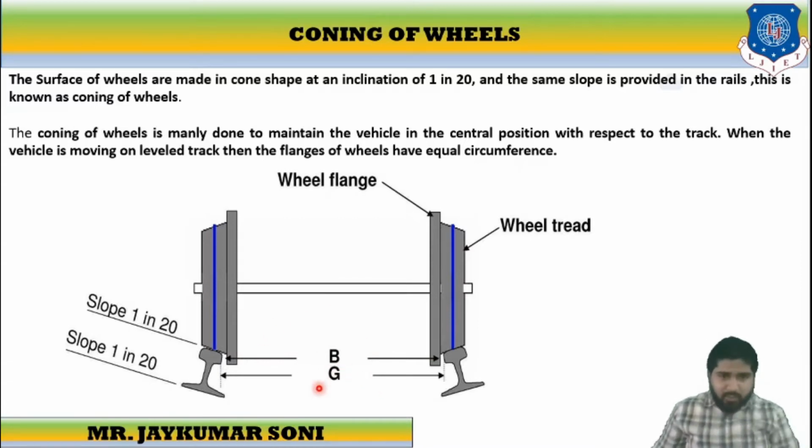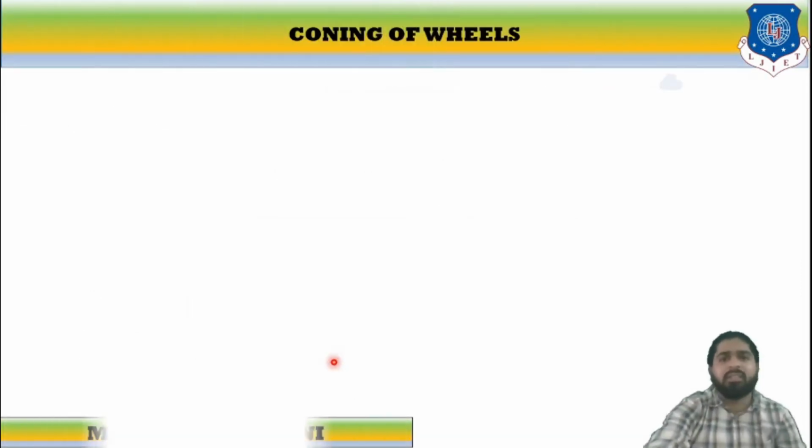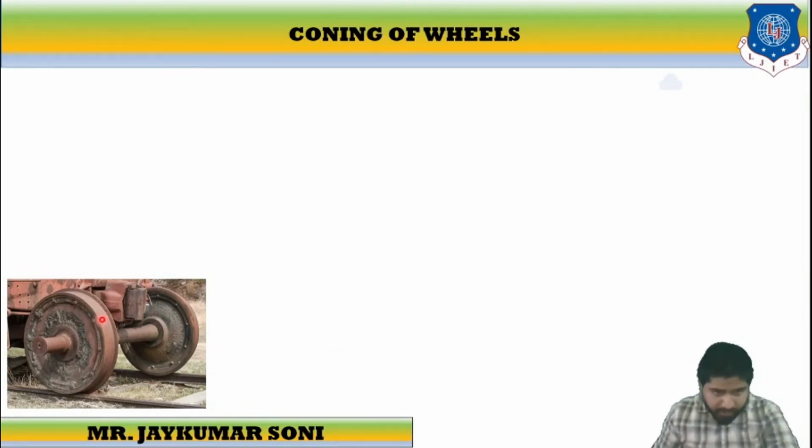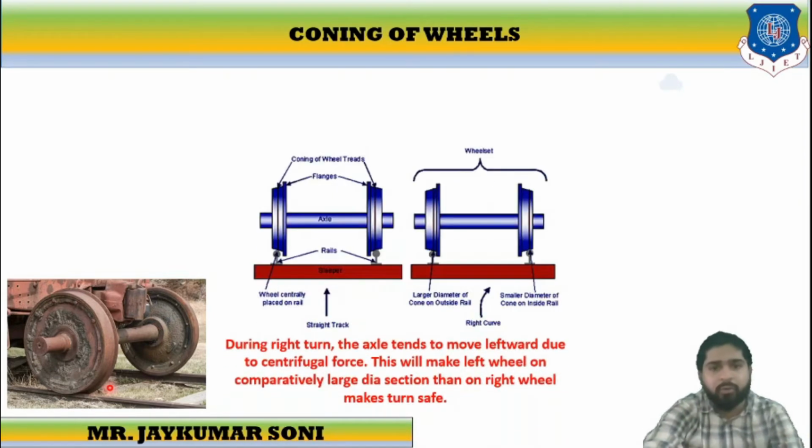This G is always greater than B, or B is always less than G. So this is the phenomenon of coning of wheels. You can observe this is the particular shape of that wheel. This is how the shape of the wheels on the rails is provided. You can see this is the coning shape. This is called coning of wheels.